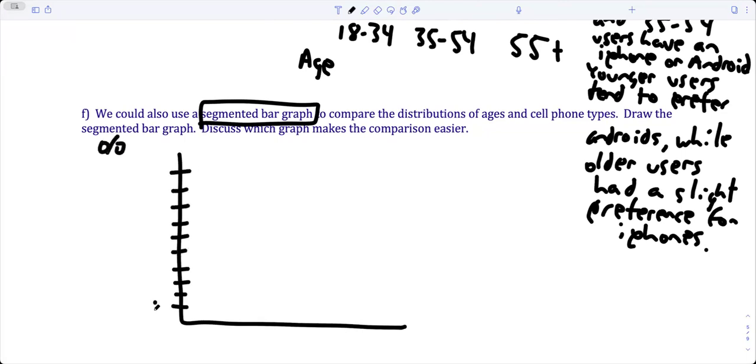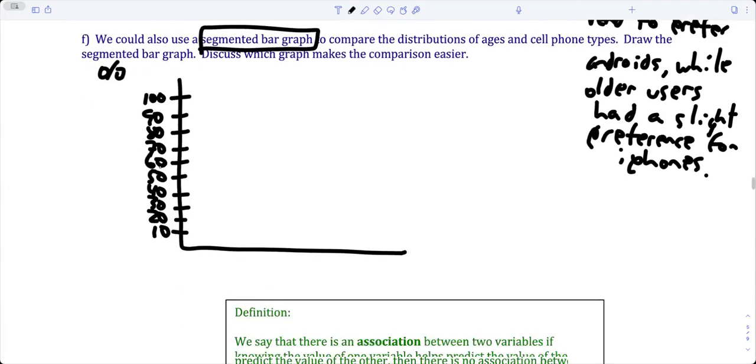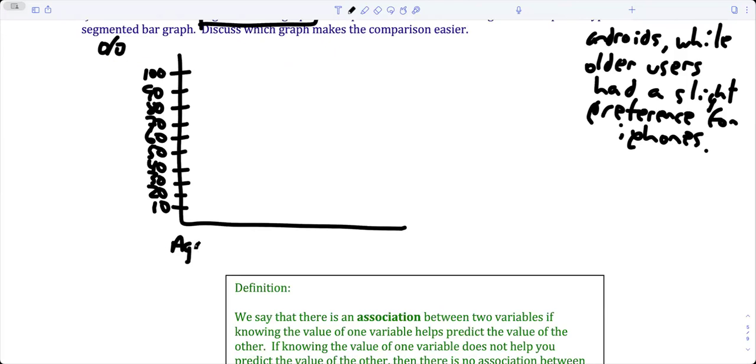This is the percentage. Scale it. Remember I told you it is really important to always scale and label your graph. And here we're gonna put the ages.